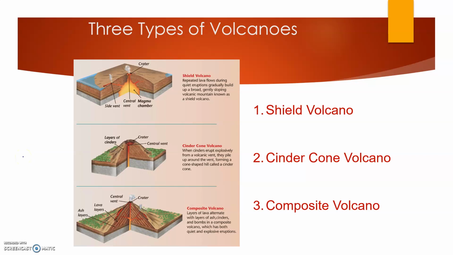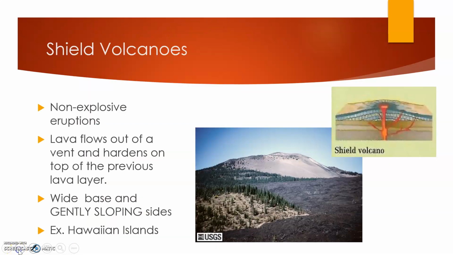All right, so there are three types of volcanoes. We have shield, we have cinder cone, and we have composite. Let's start with shield. Shield volcanoes are non-explosive volcanoes, which means they erupt lava, okay? So lava flows out of the vent and hardens on top of the previous layers. So basically what happens is right here, every time the lava flows, you're going to have a buildup.